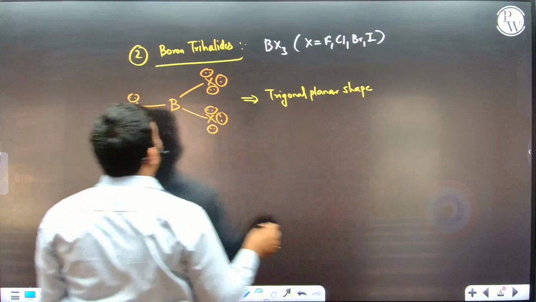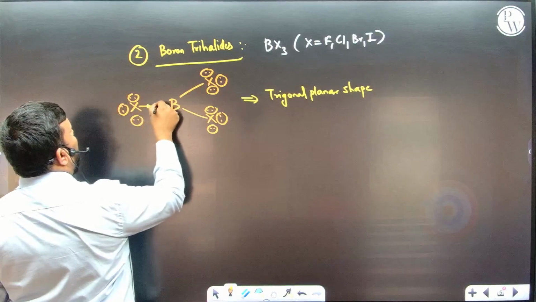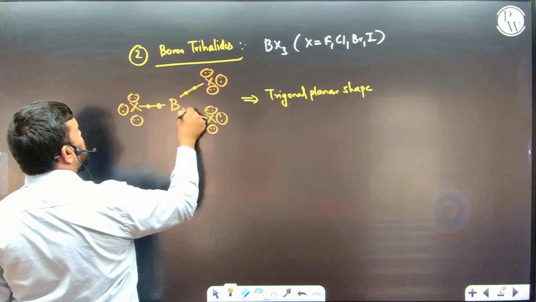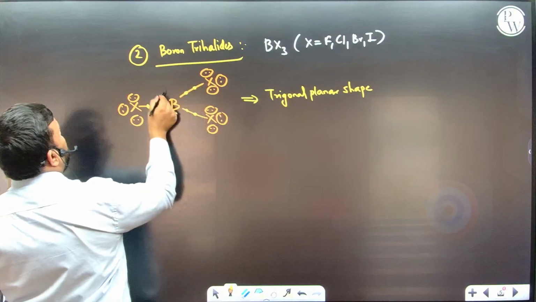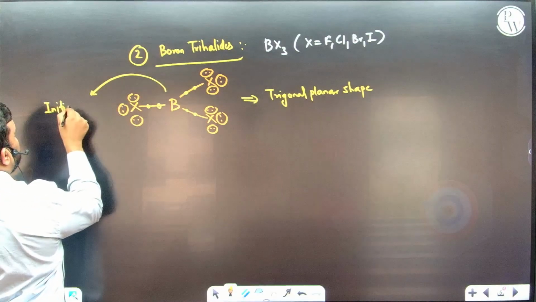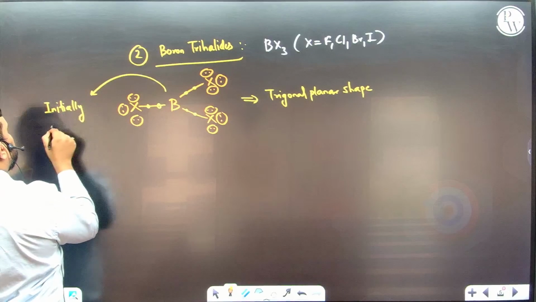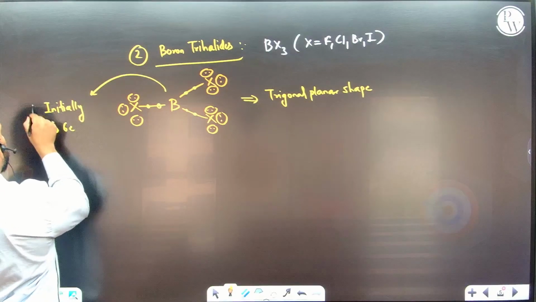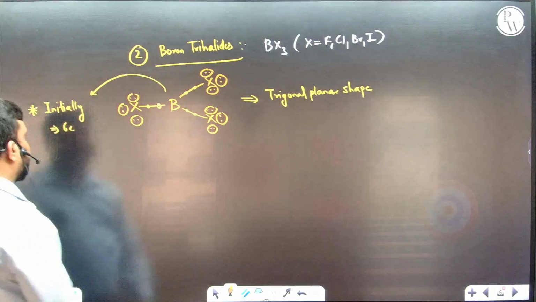But as I can see, this boron has formed 3 bonds. So initially it is having 6 electrons. So its octet is incomplete.